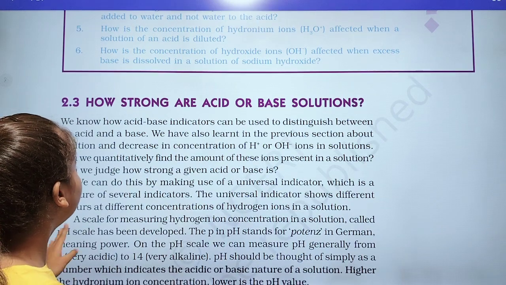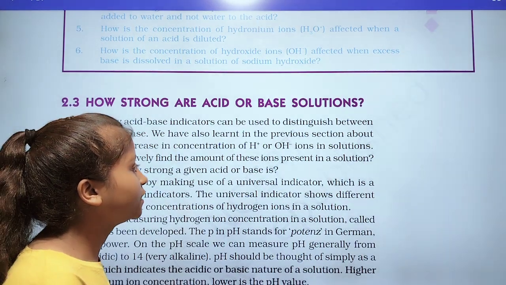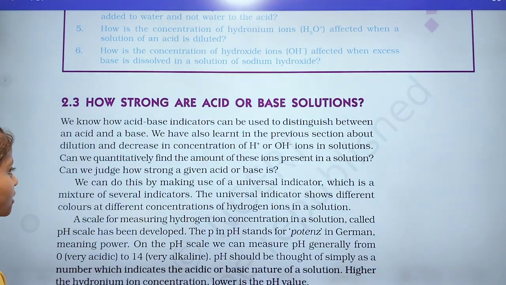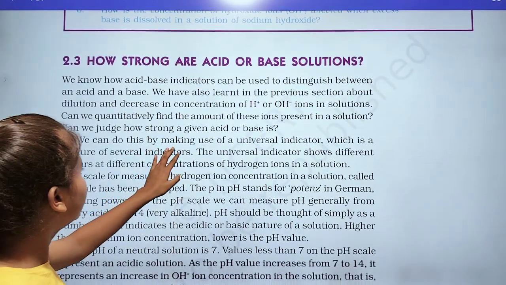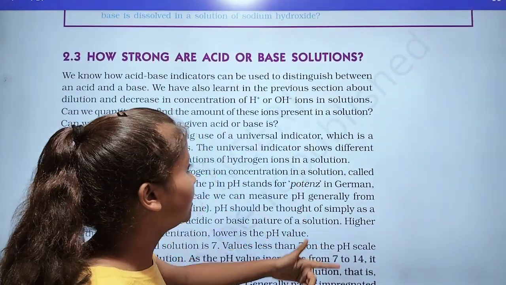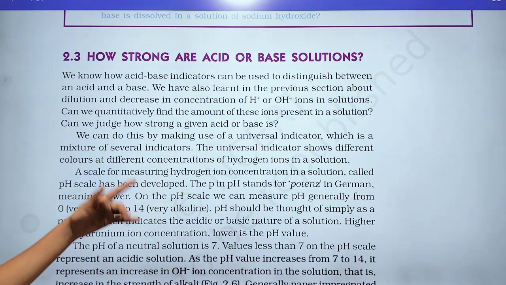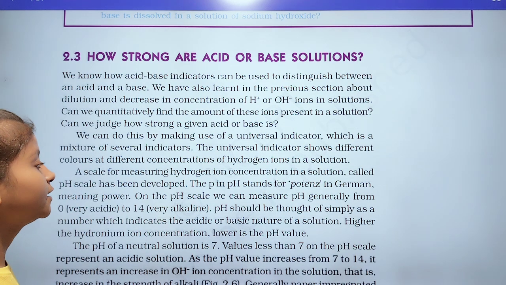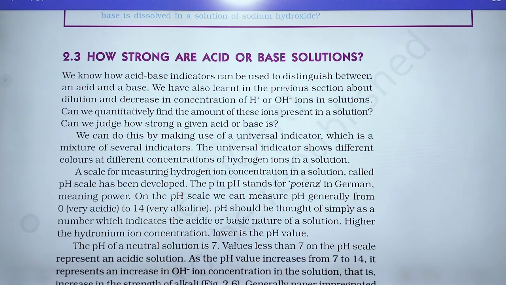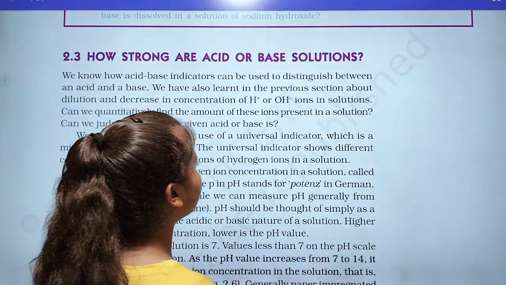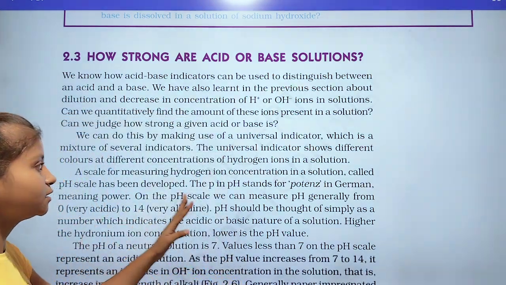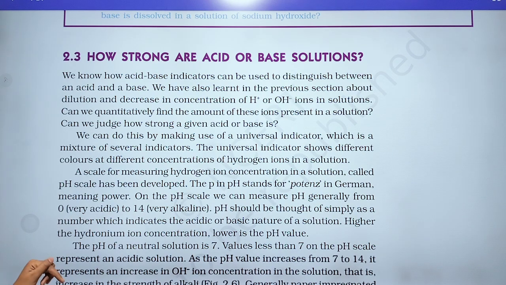Can we quantitatively find the amount of these ions present in a solution? Can we judge how strong a given acid or base is? We can do this by using a universal indicator, which is a mixture of several indicators. The universal indicator shows different colors at different concentrations of hydrogen ions in a solution.